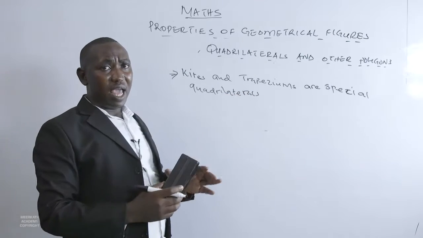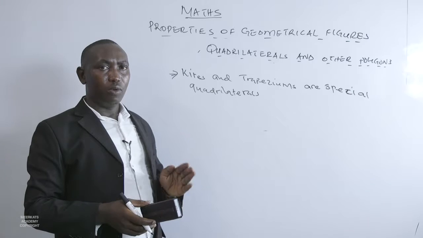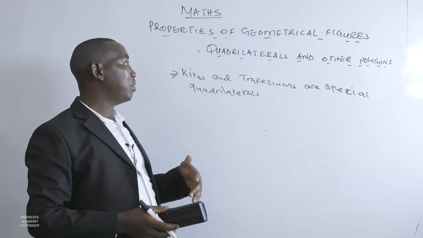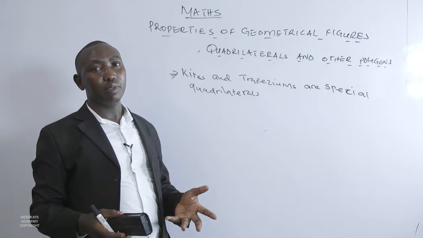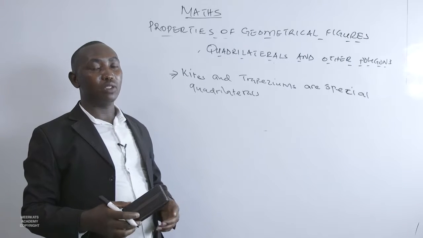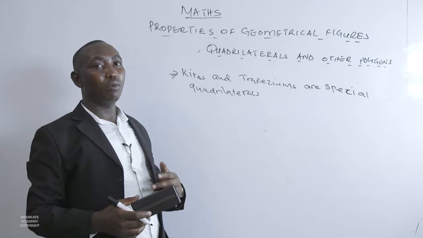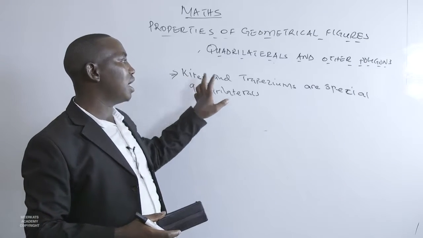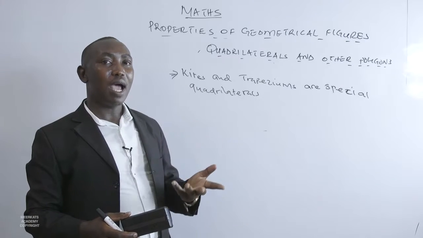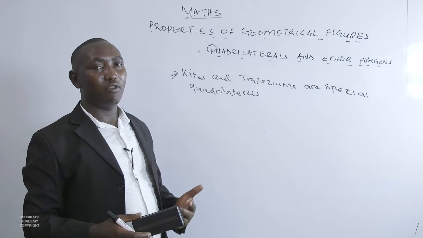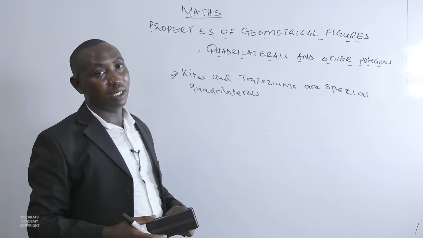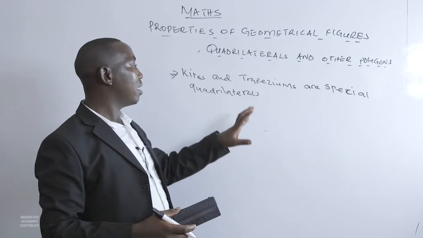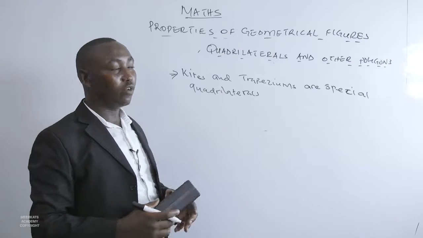Why do you think they are special? We said for quadrilaterals to be parallelograms, we must have two pairs of parallel sides. But the kites and trapeziums will only have one pair of parallel sides, but they are categorized under quadrilaterals because they have four sides.